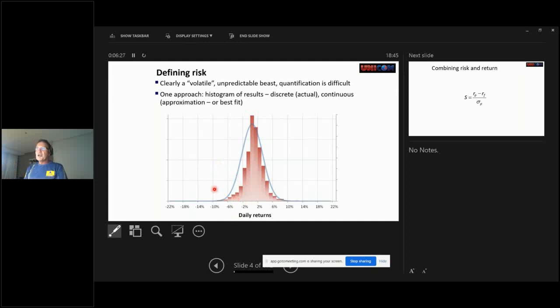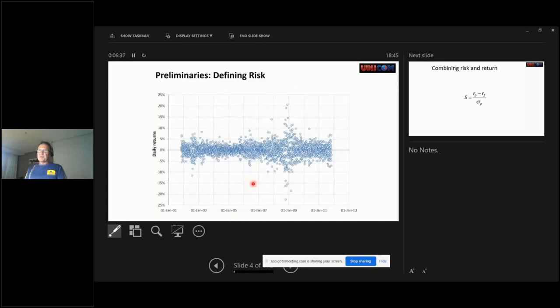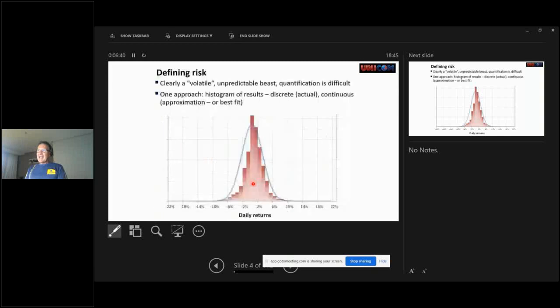I want to show you some of the nice properties about this. If I were using the real empirical histogram, the real distribution of how those returns are distributed, if I was using that, you can see it's not symmetrical, it's a nightmare, right?